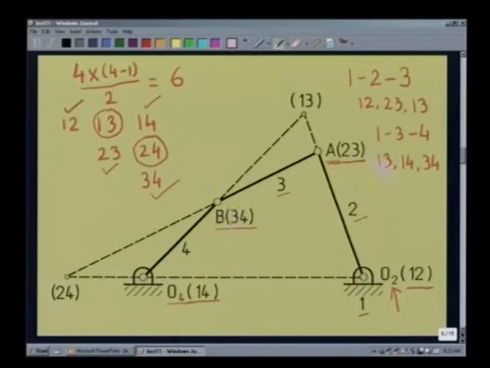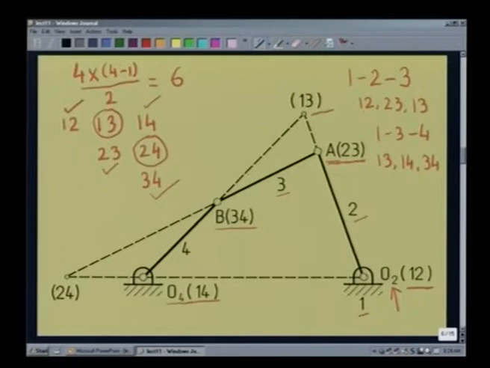So, 1 3 must be on the line joining these 2 relative instantaneous centers 1 4 and 3 4, that is 1 3 also lies on the line O4B. So, we have said 1 3 lies on the line O2A and also lies on the line O4B. As a result, 1 3 lies at the intersection of these 2 lines when extended, that is here, and we locate 1 3.